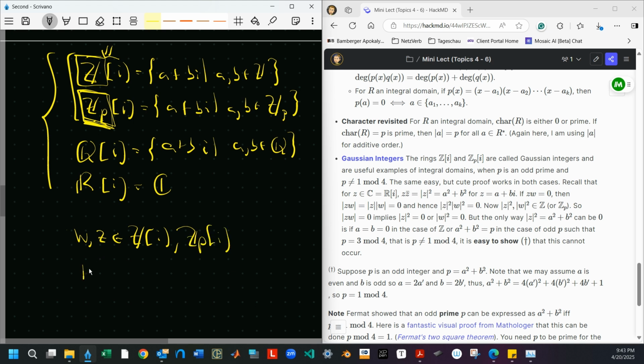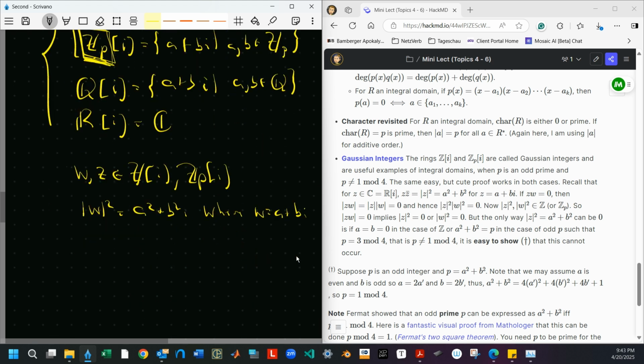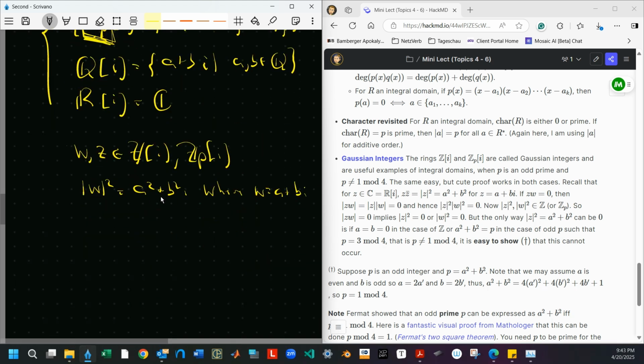Then we have |w|^2, the magnitude squared of w, which is going to be a squared plus b squared, where w equals a plus bi. Now notice if we took the square root of this, we might not be getting something in Z or Zp. We have to be looking at the squares here.